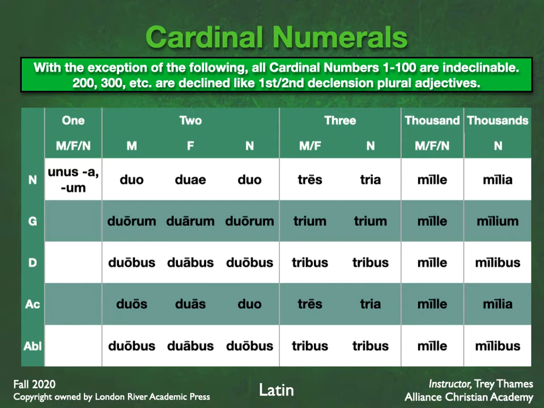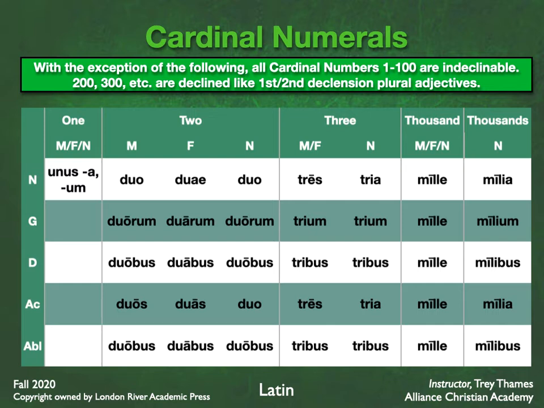If, however, you only have one L in the word, milia, then this is a neuter-only plural form, and it means thousands. The endings are ia, ium, ibus, ia, ibus, just like a third declension i-stem neuter word in the plural: milia, milium, milibus, milia, milibus. So those are the words that we actually do decline.